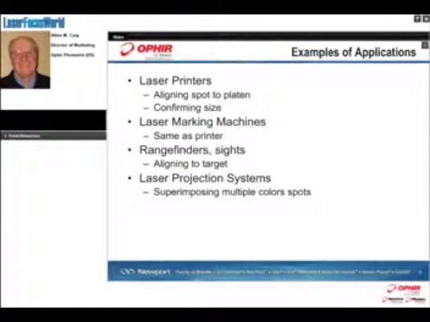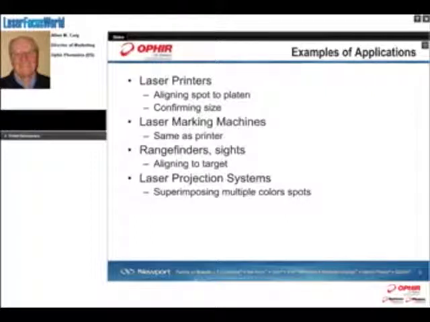Laser marking machines, pretty much exactly the same application, just generally a higher power laser mark is needed depending upon the material the marking machine is designed to mark, whether it's plastic or diamonds or pieces of metal. But in any case, it's going to do the same thing. You've got a laser spot, and you need to put it at a certain size in a certain place.